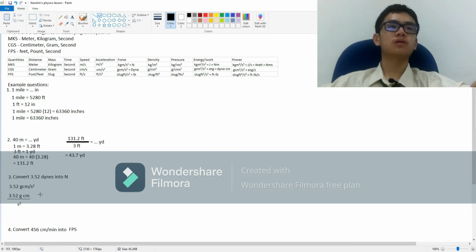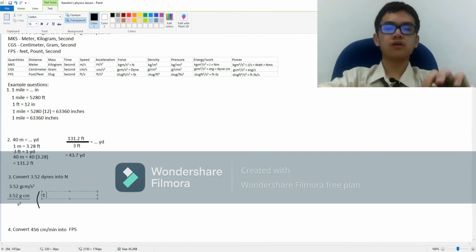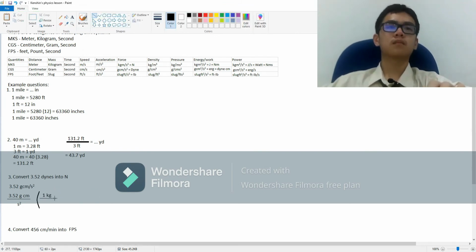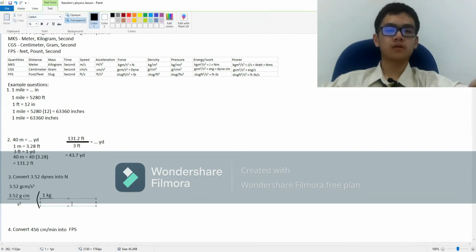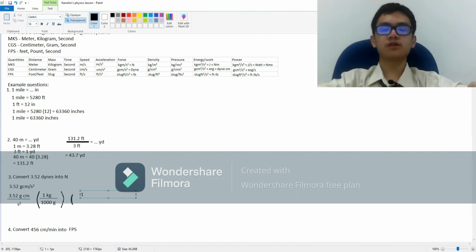Now, we multiply it like this. First, we need to convert grams into kilograms. And so in 1 kilogram, we have 1,000 grams.